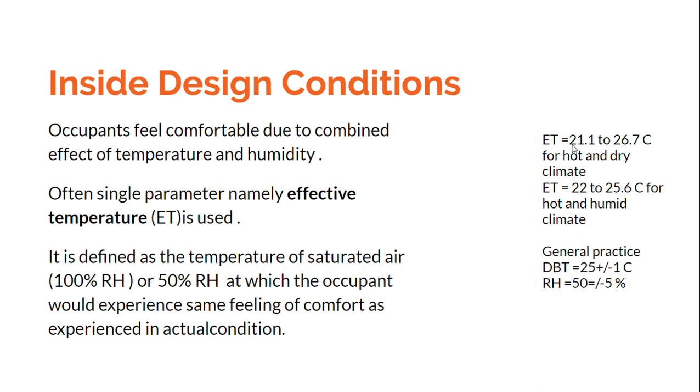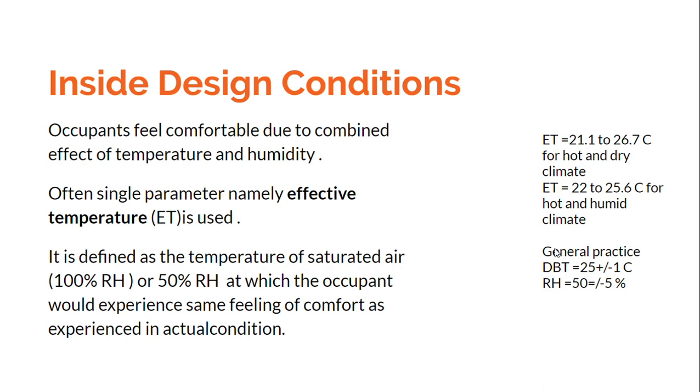It means that if the effective temperature is in this range, then human beings would feel comfortable. Similarly, if the climate is humid, then the effective temperature range given by ASHRAE is 22 degrees centigrade to 25.6 degrees centigrade. So these are the values which have been worked out based on extensive experimentation by ASHRAE.